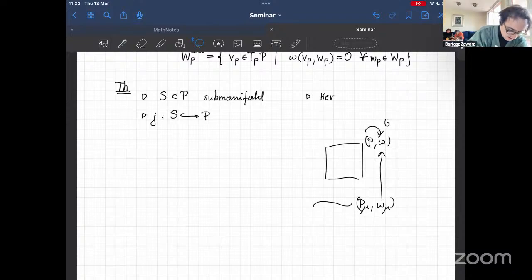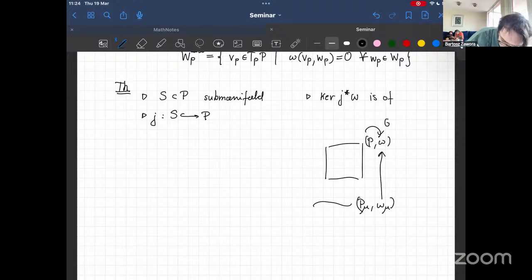So now the general setting is that the kernel of the pullback of omega into the submanifold S is of constant rank. The second is that the quotient space is a manifold. So I denote it by this. It's a manifold.